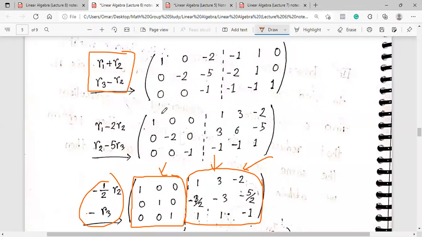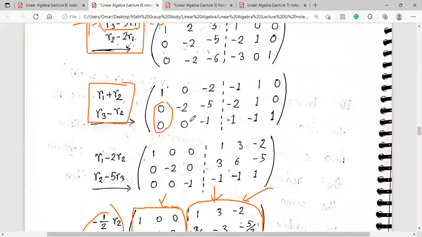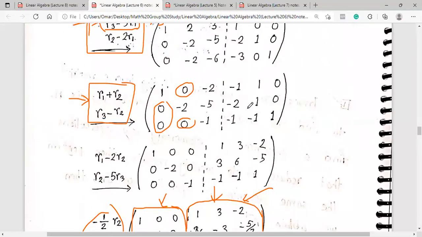So now we got these two numbers as 0, right? And then also this number and this number as 0, because we did this row operation. So on the right side we got this matrix.